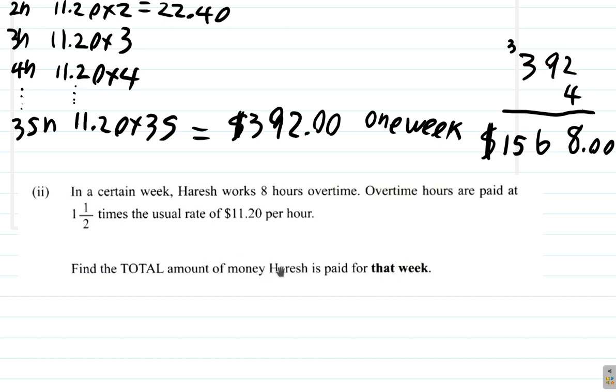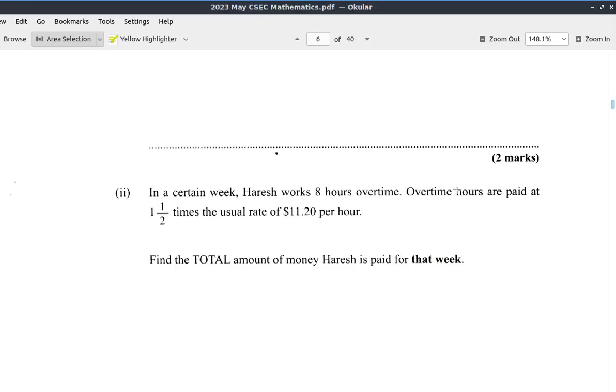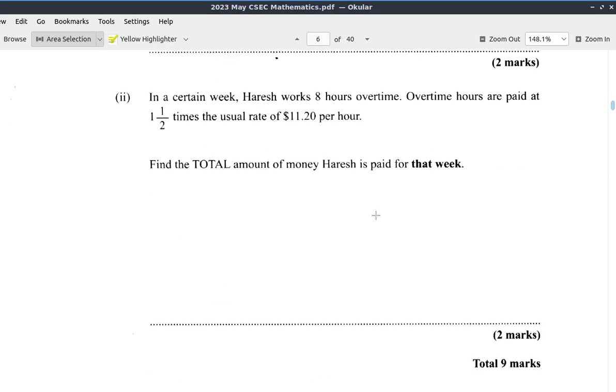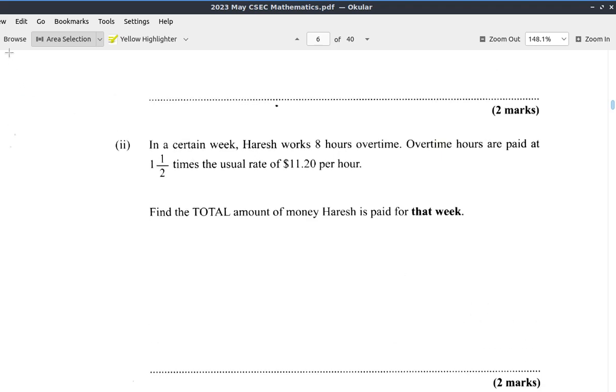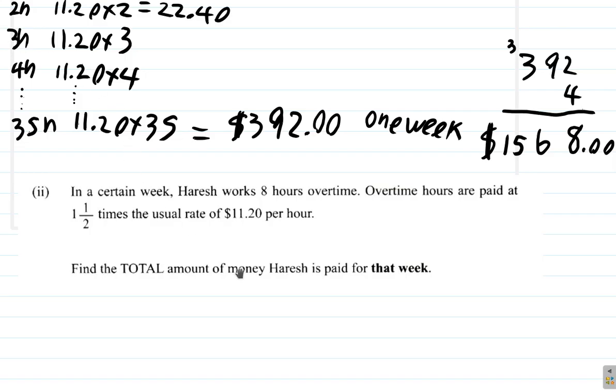Find the total amount of money Harish is paid for that week. By the way, the first part was 2 marks, this part is another 2 marks. So, pause the video and work it out.